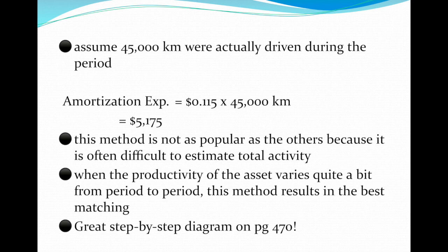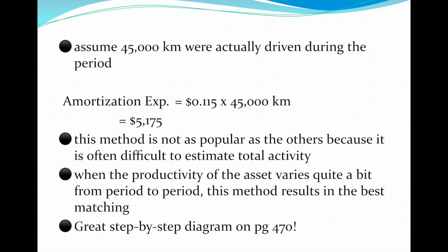If you'd like to see a more complex example, then check out illustration 10-13, which is right underneath the other one. It shows how the amortization is calculated over usage. I almost said over time, but it's not over time. It's over the usage of the asset.